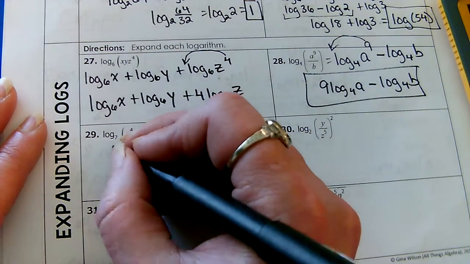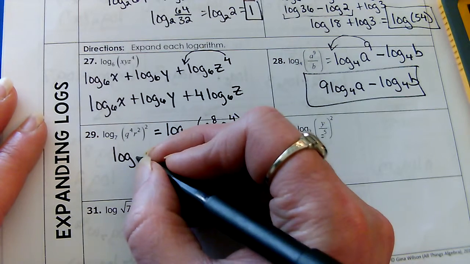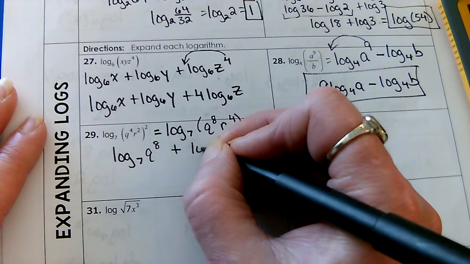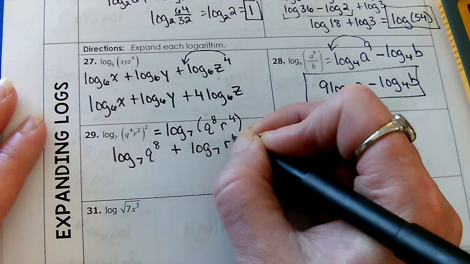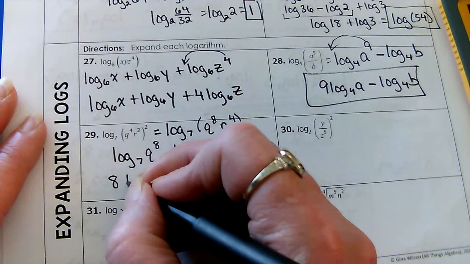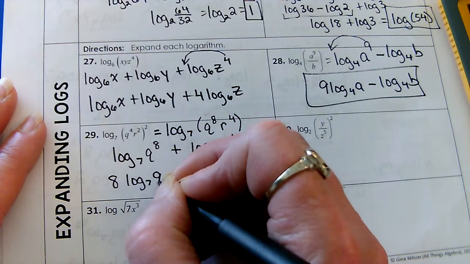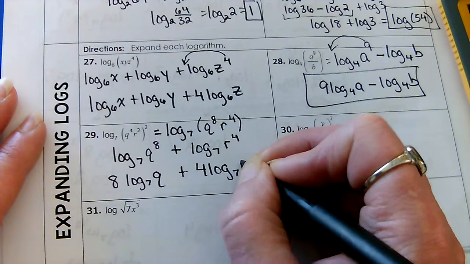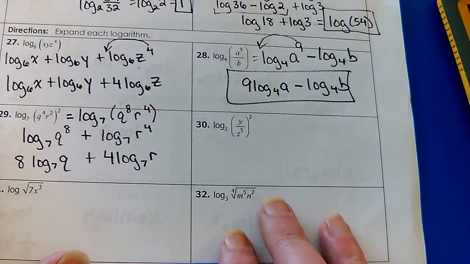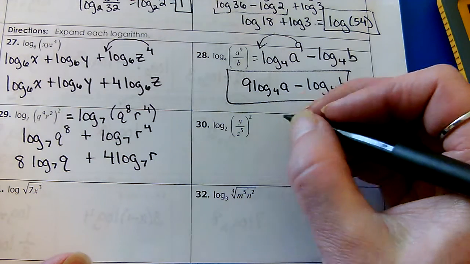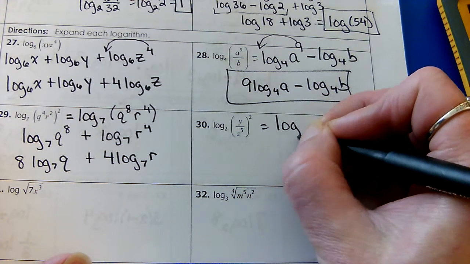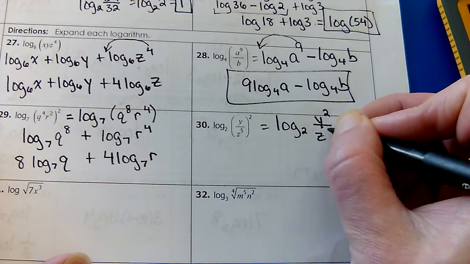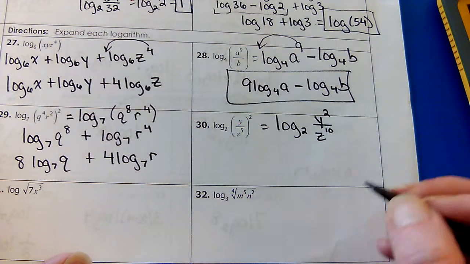Now I can separate it out, and since they're being multiplied, they're going to separate with addition. And then the exponents can go to the front. Since everything's being squared, I can simplify that first. And then separate it out.